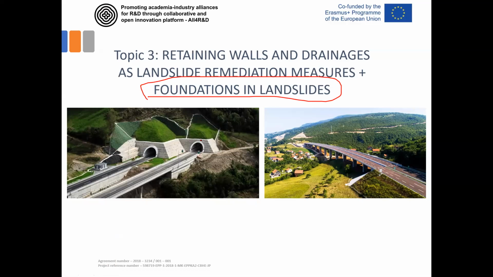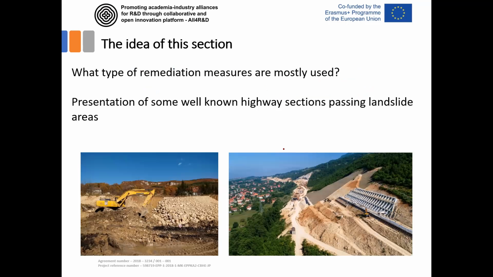So this will be some kind of general story about retaining wall types, but then we'll include some landslide remediation measures and some practical examples of this viaduct founded on the landslide that we showed just before, and the highway that passes the landslide area.